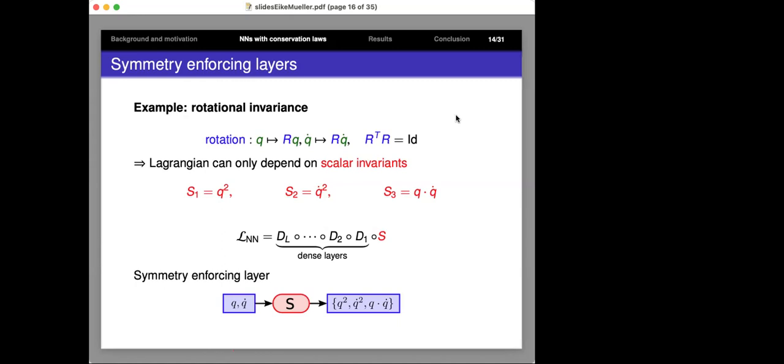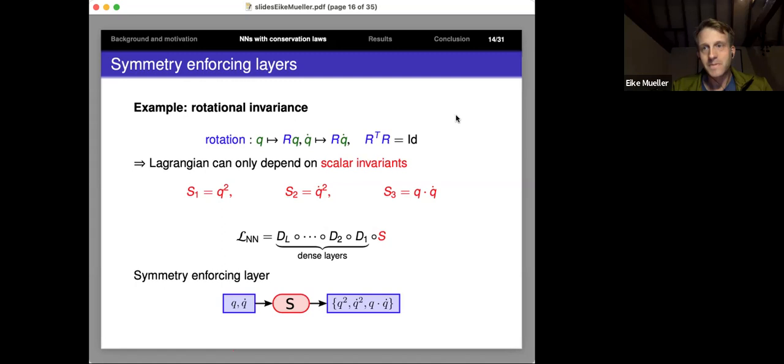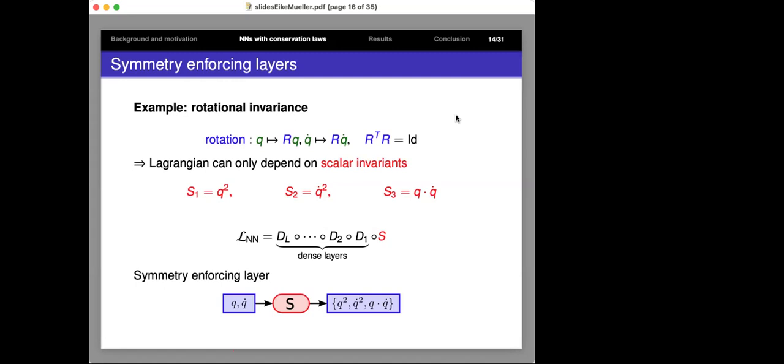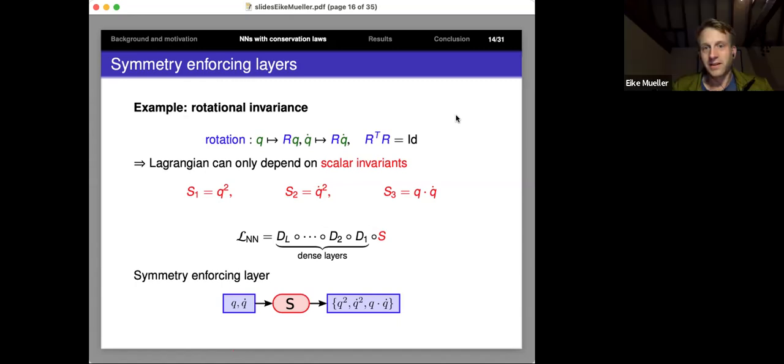Excuse me, a follow-up question to Nat's question. If the symmetry layer doesn't do anything other than compute the S1, S2, and S3, have you checked that the Lagrangian that you learn actually conserves these quantities? Yes, that's what I'm going to talk about next.